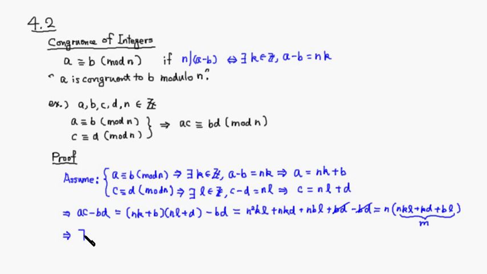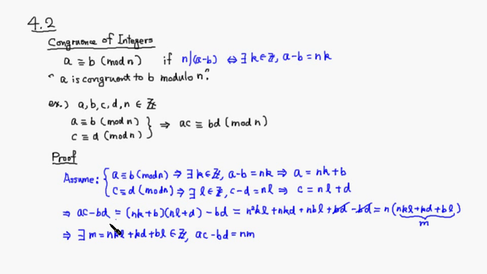There exists some integer m, namely nkL plus kD plus BL, which is still an integer, such that the difference between AC and BD is equal to n times m.